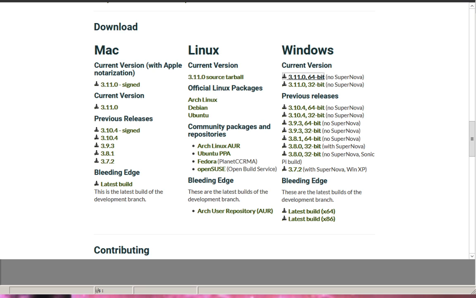SuperCollider. I'm just gonna have to knock this off for a minute.